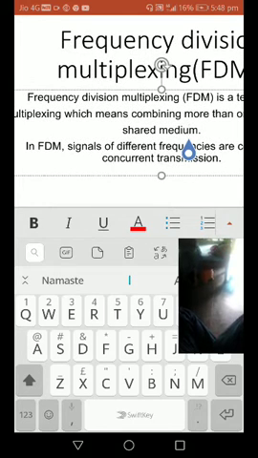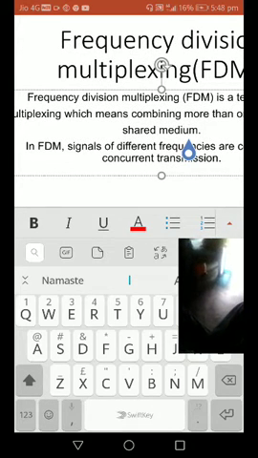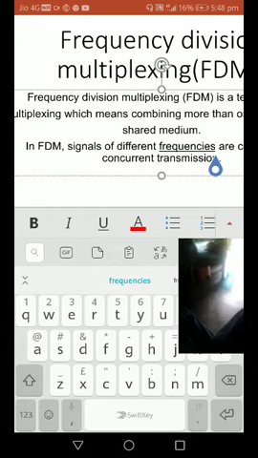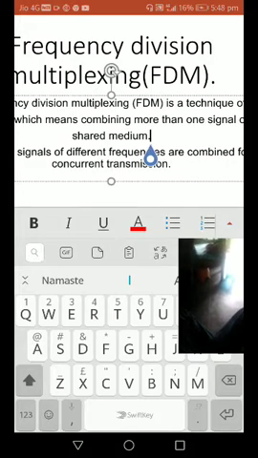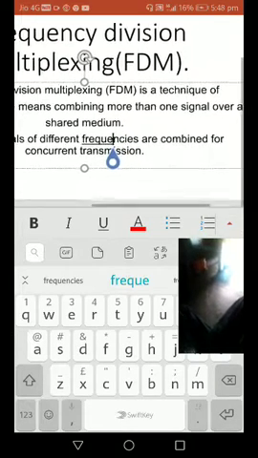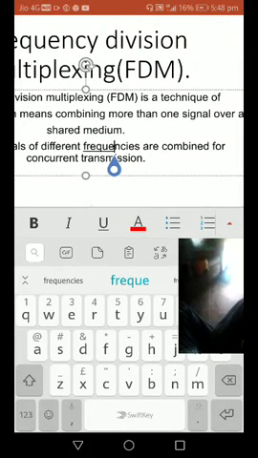In FDM, signals of different frequencies are combined for concurrent transmission.